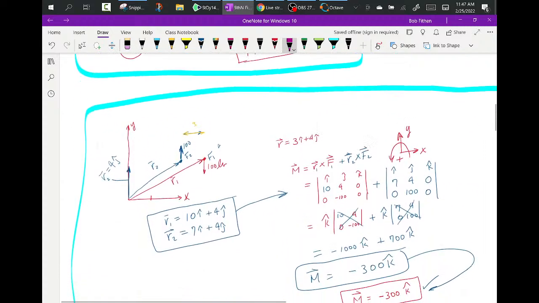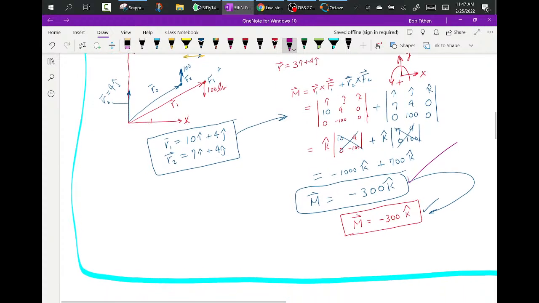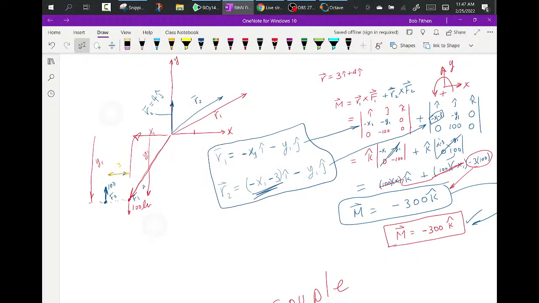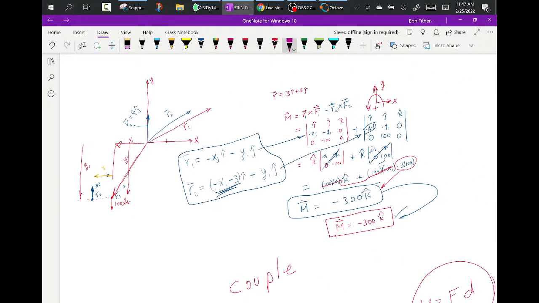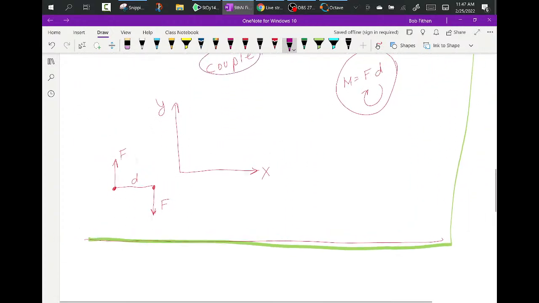Then we realized we can move it. We move it over to the right. We get the same moment from that, what we found out later to be a couple. Then we move it randomly anywhere. We still get the same moment, and we realize we can move this couple anywhere.